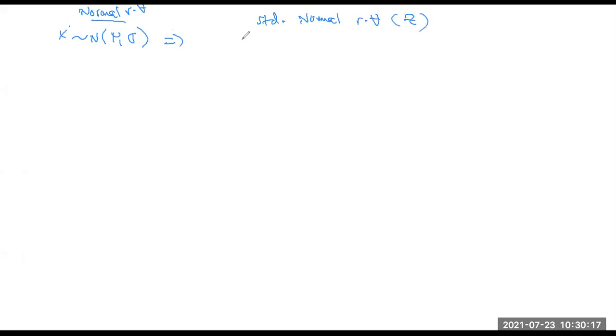So how did we standardize this? We say z is equal to x minus mu divided by sigma. So this approximately follows a normal distribution with mean 0 and variance equal to 1. Is that okay?